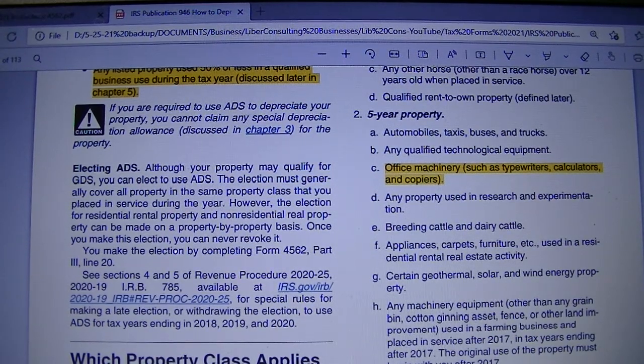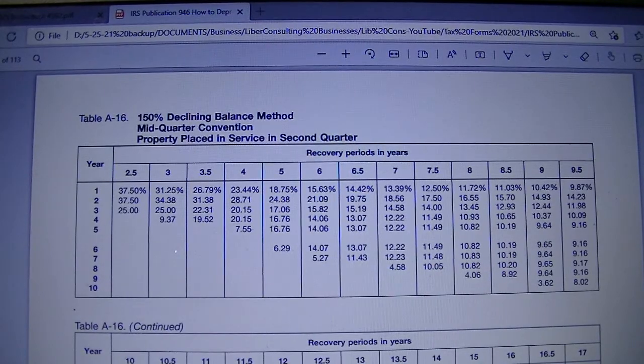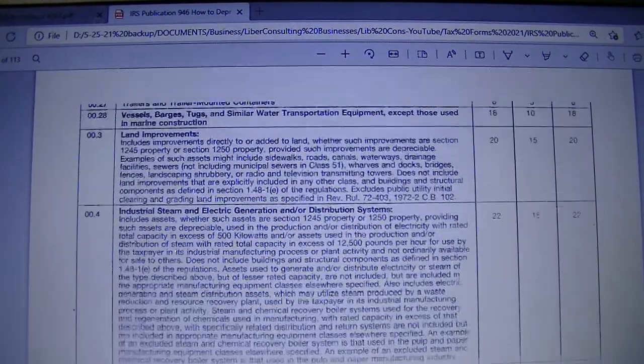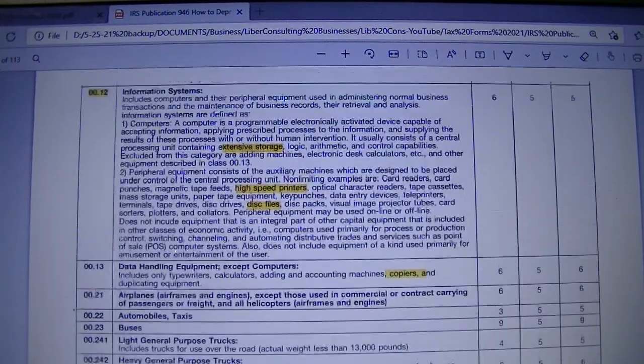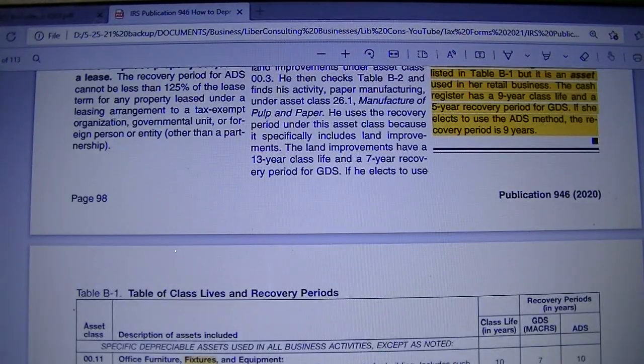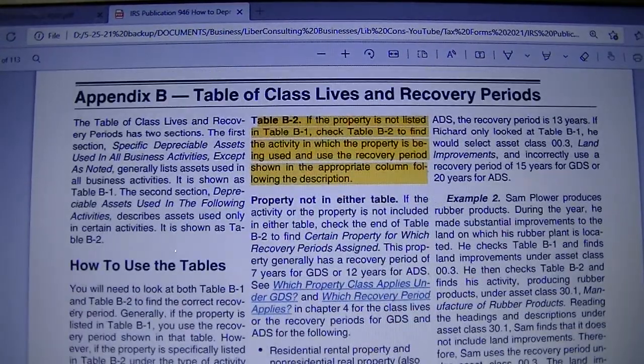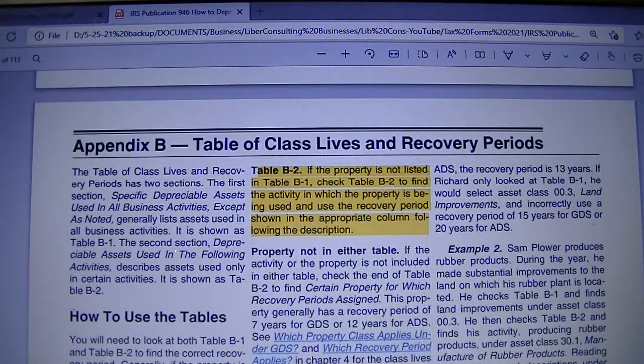So that will be C89. Okay, so they have Appendix B. It has a table. Let me see. Appendix B, table of class lives and recovery periods.